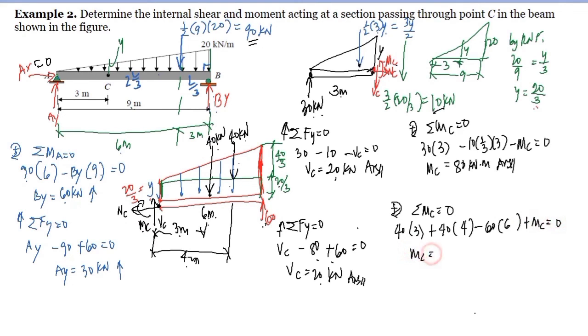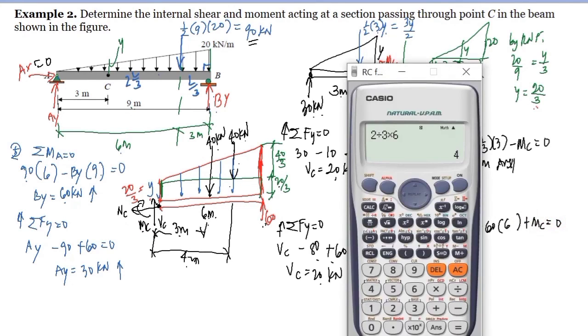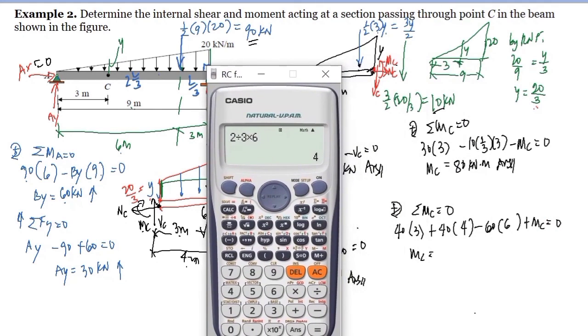And our moment at C is equal to, so it's 40 times 3 plus 40 times 4 minus 60 times 6 plus the moment at C is equal to 0.